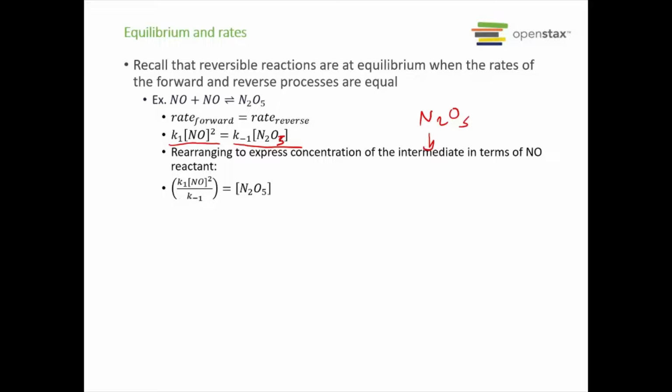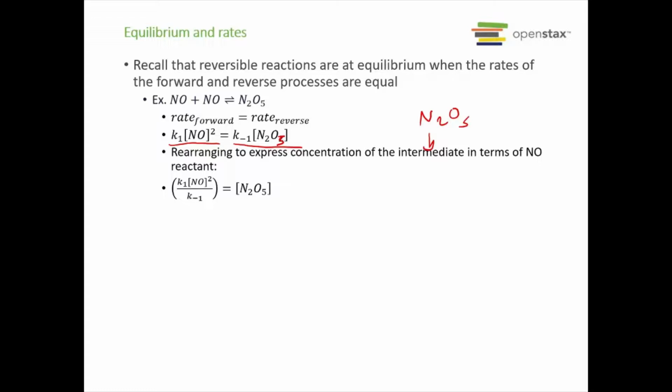So if we wanted to figure out stuff with the rate equation, we generally can't watch the concentration of N2O5. We may be at equilibrium, but it's hard to detect. So we want to rearrange these equations so that the concentration of the intermediate, in this case N2O5, is by itself and is written in terms of NO2 and the k's.